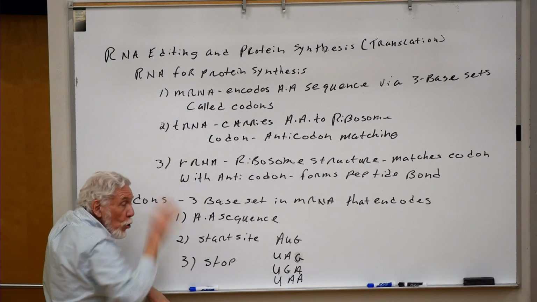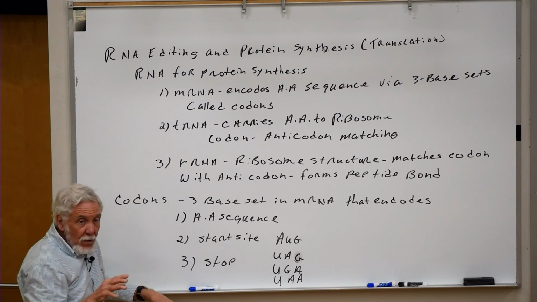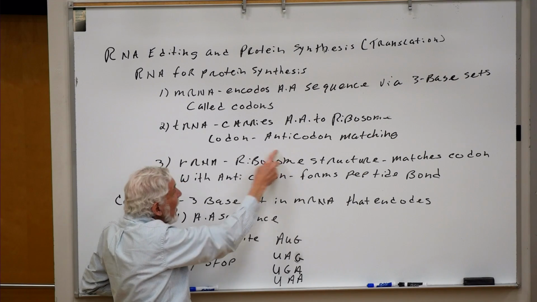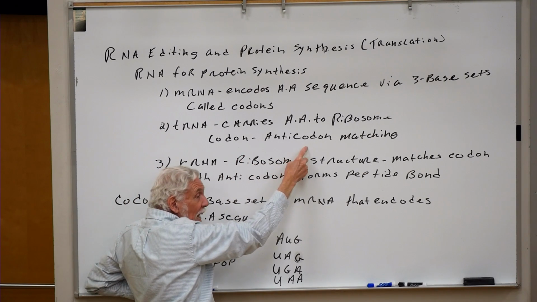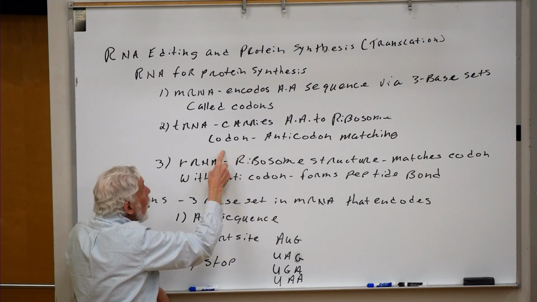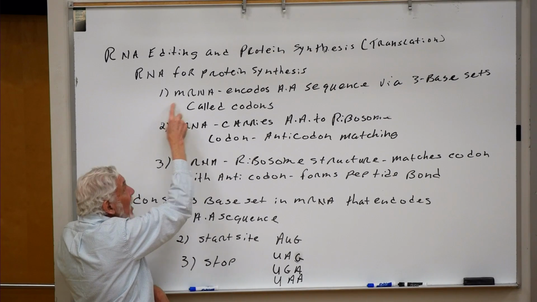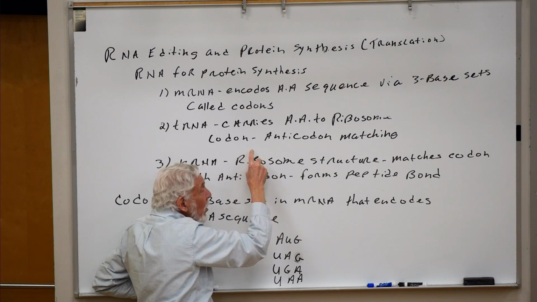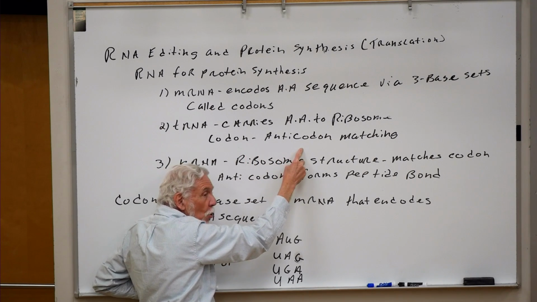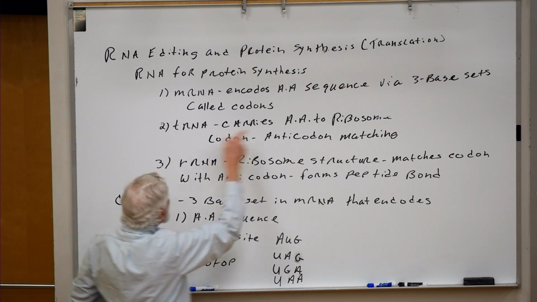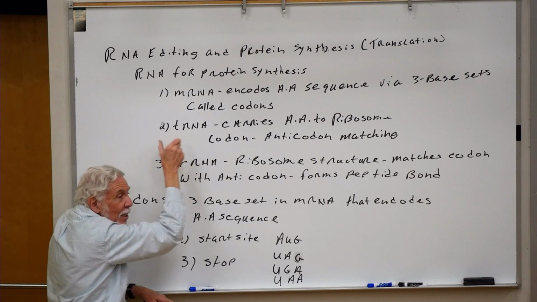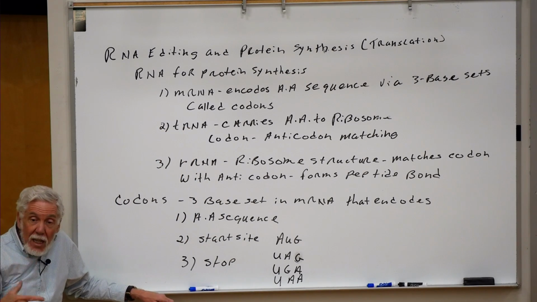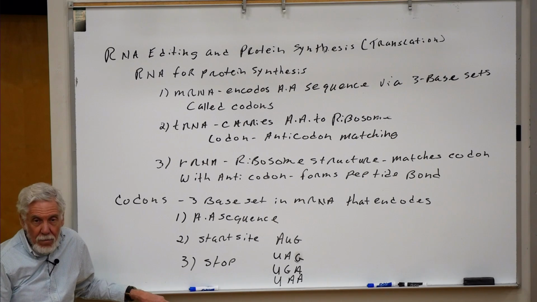We'll see that there are 2 main characteristics of the transfer RNAs. First is that they have an anticodon. They'll have a 3-base set called an anticodon that can match up with the codon in mRNA. The other major idea of the transfer RNA is that the 3 bases in the anticodon will determine which amino acid is going to be covalently linked to the transfer RNA so they can be a shuttlecraft to bring these amino acids into the ribosome.